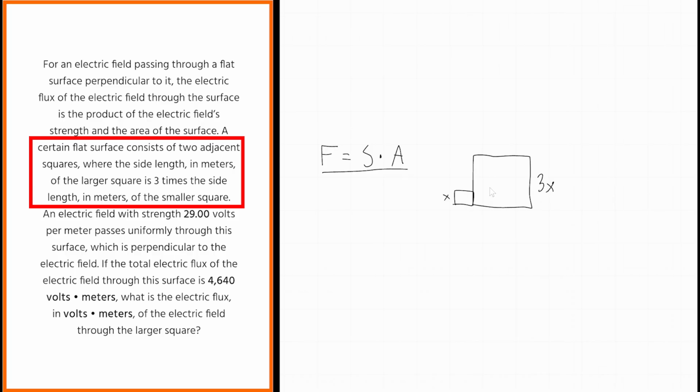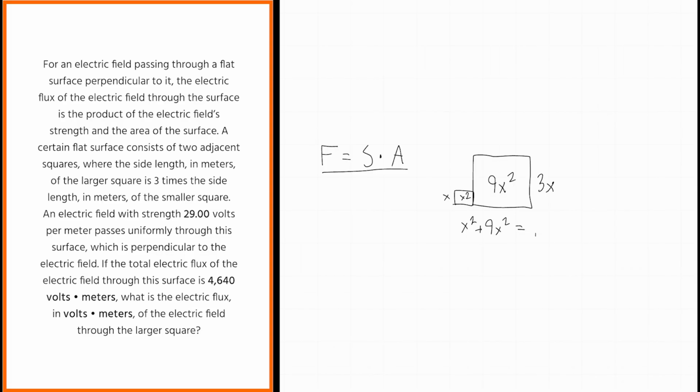So now that we have this, we can calculate the surface area of the entire surface, because this square with side length x is going to have area x squared, and this square with side length 3x is going to have area 9x squared, which means the entire surface together is going to have area x squared plus 9x squared, or in other words, 10x squared.